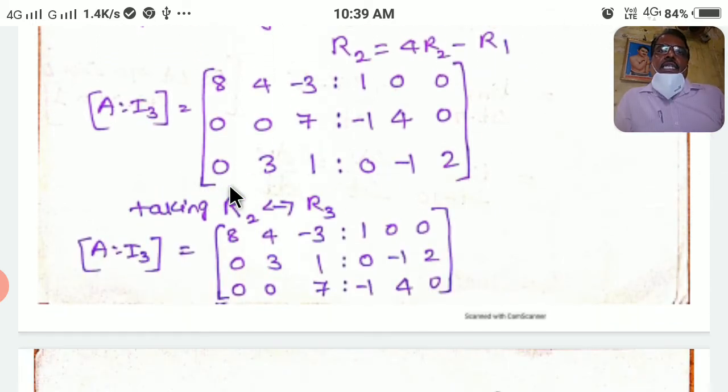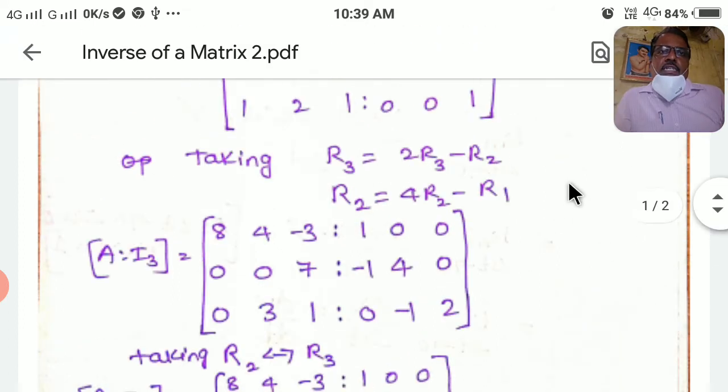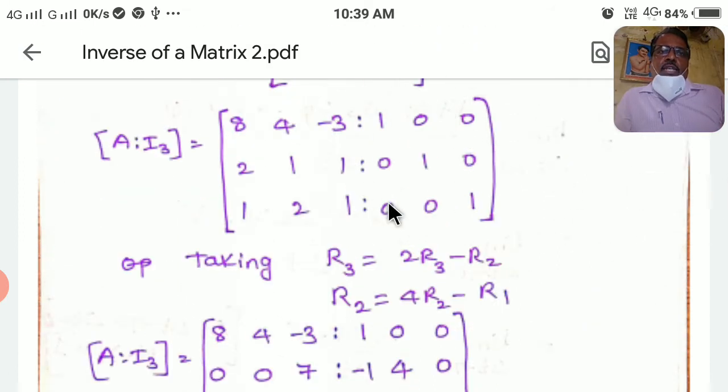Then now see here, always remember to bring this matrix into a unit matrix. In a unit matrix, the last row has two zeros and the last element is 1.